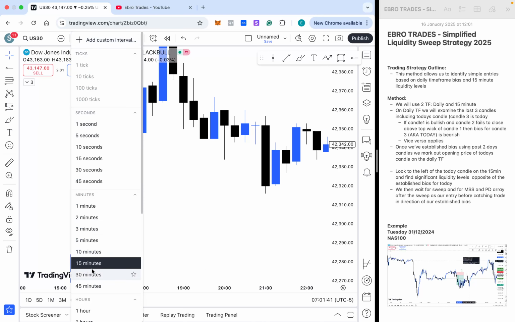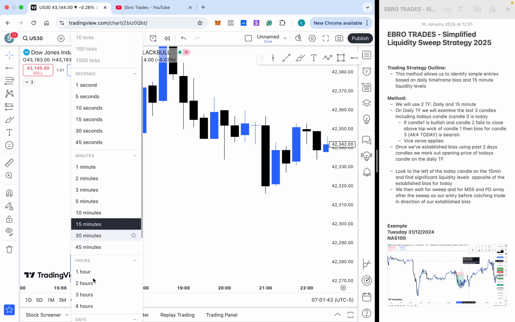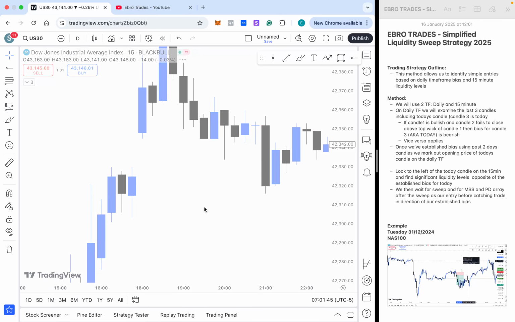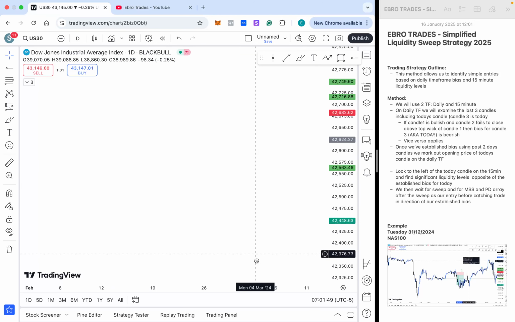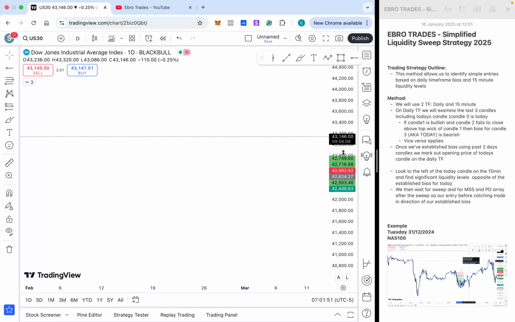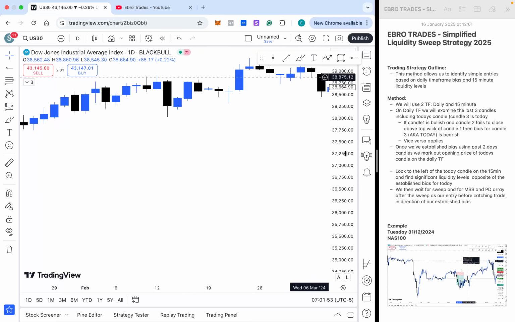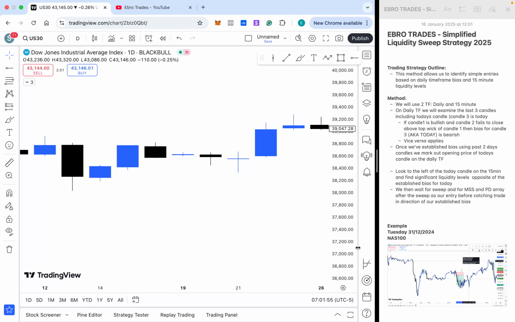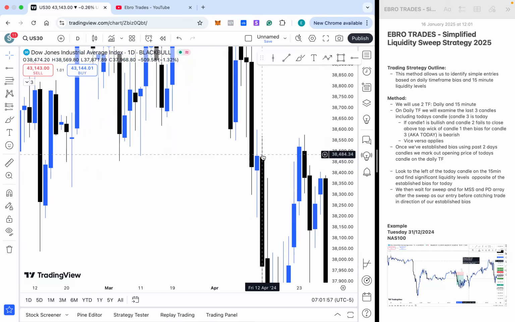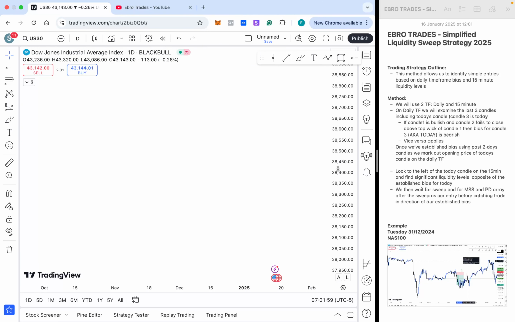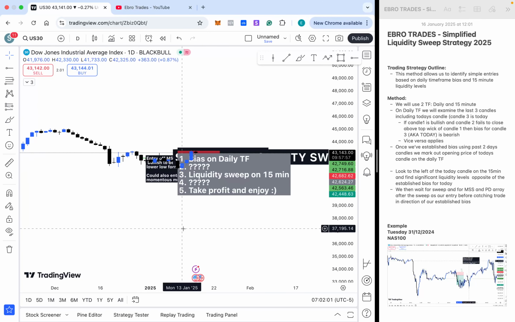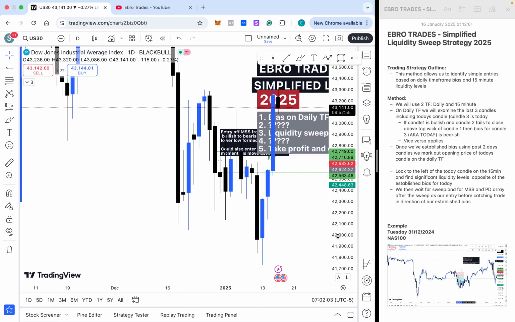So let's go to the daily time frame. Daily time frame. Got a beautiful, beautiful example of the strategy right here. And you guys stick around. So we're on the daily time frame, right?